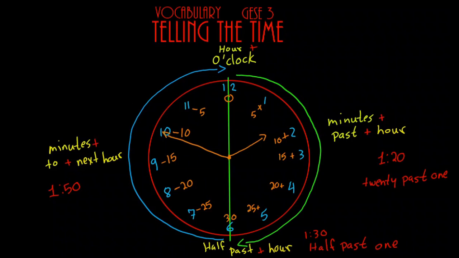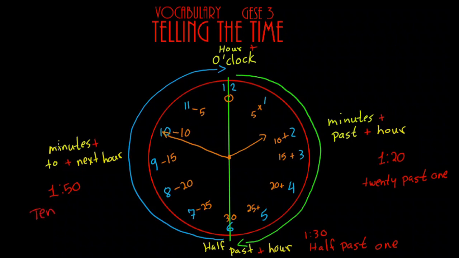Then we would look at the next hour, which is this one. So it wouldn't be 1, it would be this hour. And we would have to look at this and we would say, okay, we're missing 10 minutes, so we would write 10.